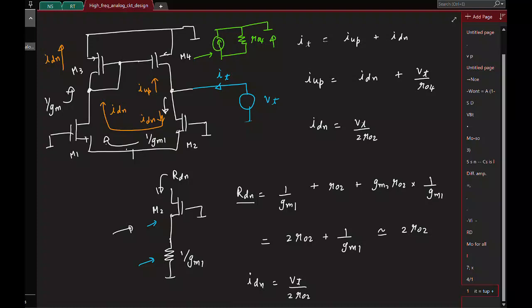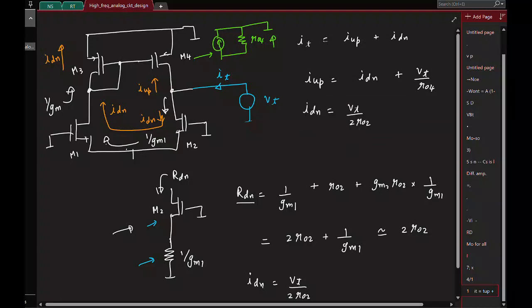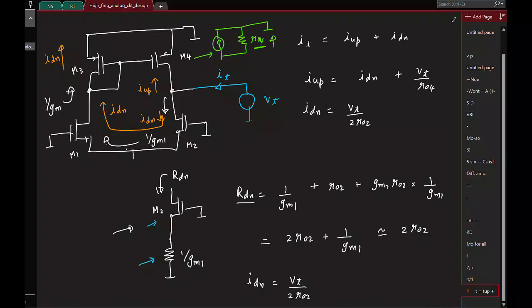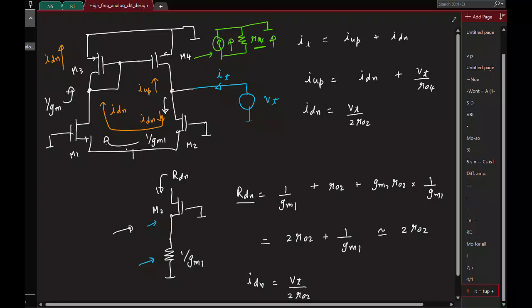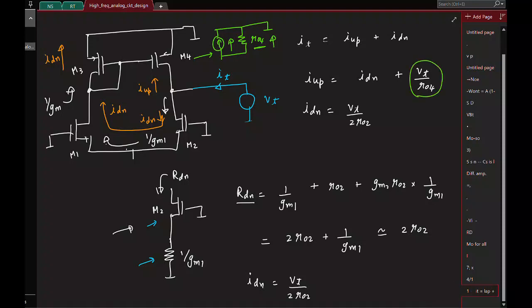So the total current is what now? Okay, so what I meant was looking up, we had the current flowing through R04 and the current flowing through the GM VGS of the transistor M4. So this is the current flowing through R0, and we had something to be written here, right?